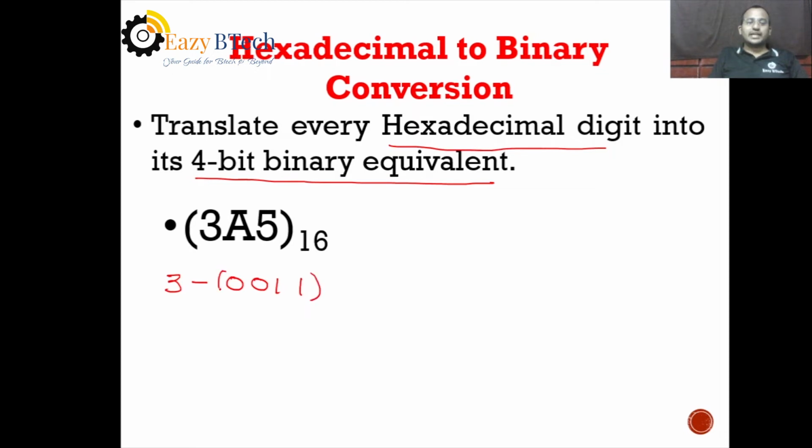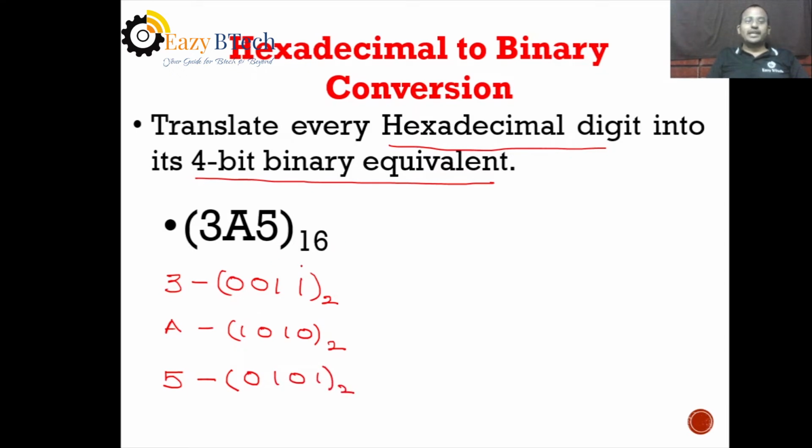This is the corresponding 4-bit binary equivalent for the hexadecimal digit 3. Next, for A, the corresponding binary equivalent is 1, 0, 1, 0. Next, we have 5. For 5 the corresponding binary equivalent is 0, 1, 0, 1.